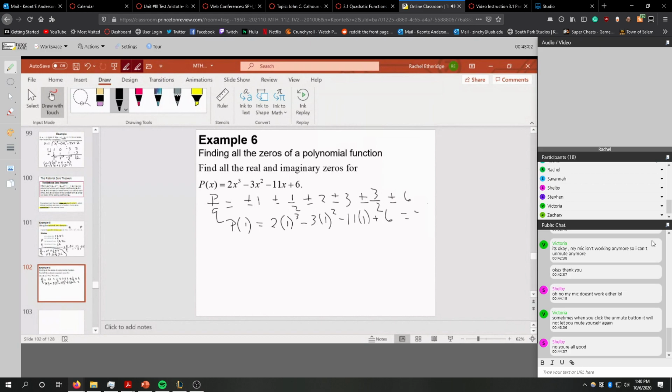So I get -6 for this. It's good if you have a calculator where you can go back in, highlight, and change the numbers. The next thing I'm going to do is check -1.